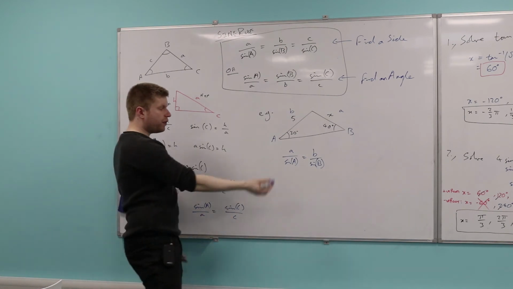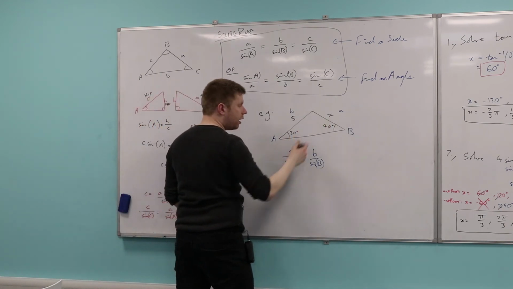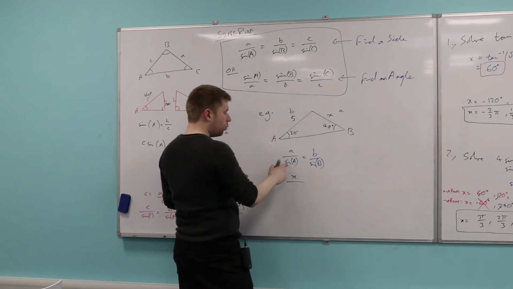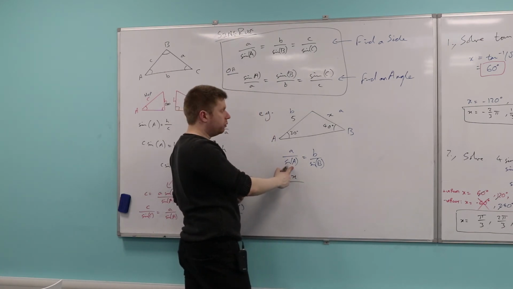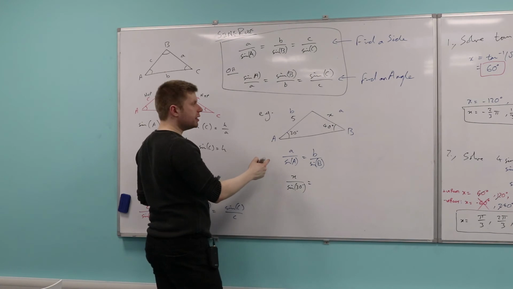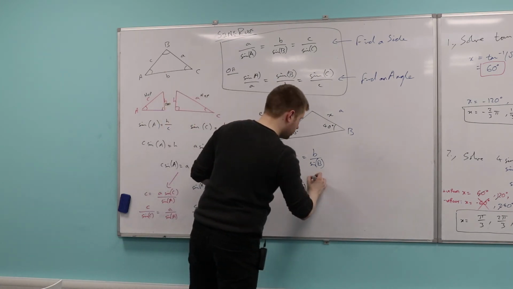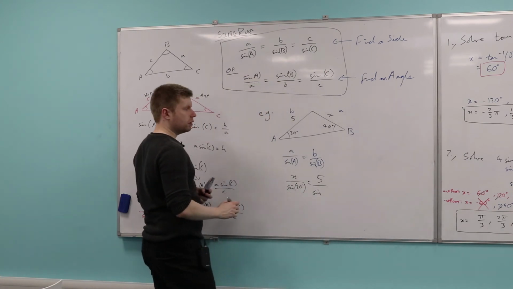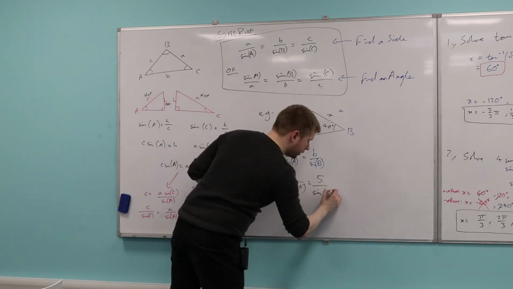Then I just fit in what I have. So A, I've called X, right? So I have X. What's capital A? What's the angle? Sine 30. So I've got sine 30 on the denominator. Now what's B? Lowercase b, side B? 5, good. And then what is sine of B? What's capital B? Good, so it's going to be sine 40 on the denominator.